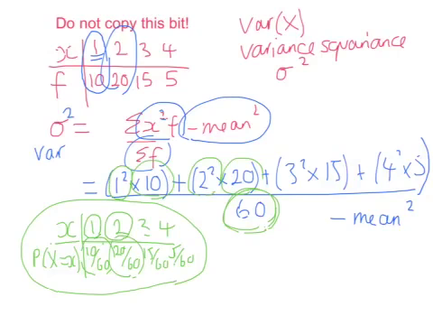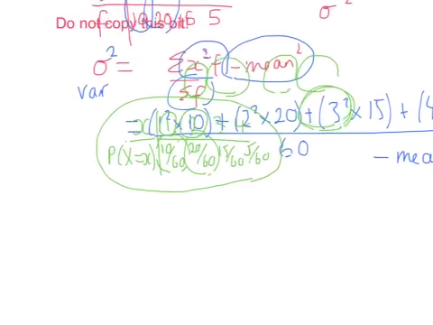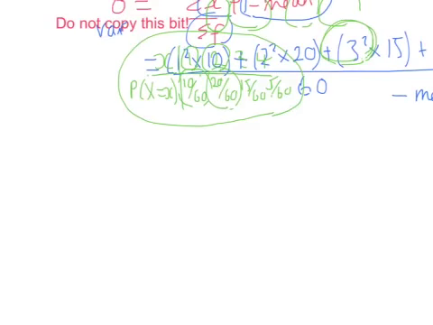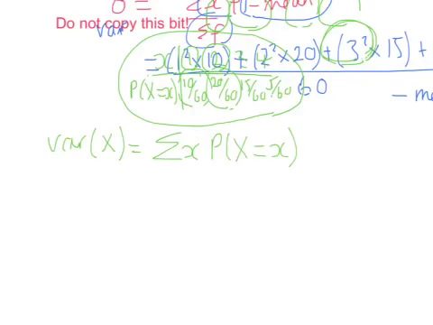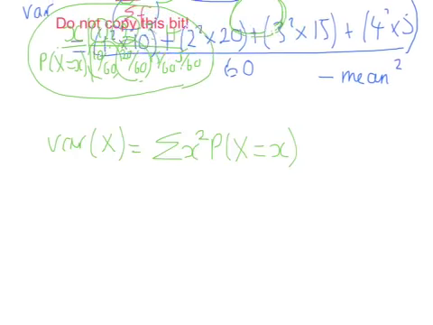So let's move him over because I'm going to need a little bit of room. Let's move him up. The variance of my discrete random variable is found very similarly to x times its probability, except it's not x, it's x squared. And the bit that you are all going to forget to do is this bit on the end. Here he is.